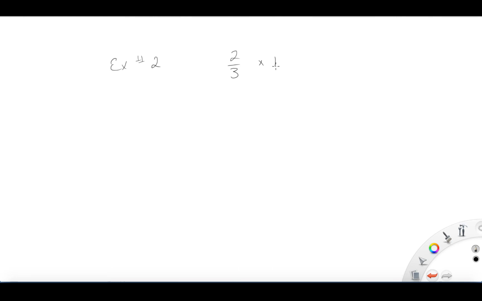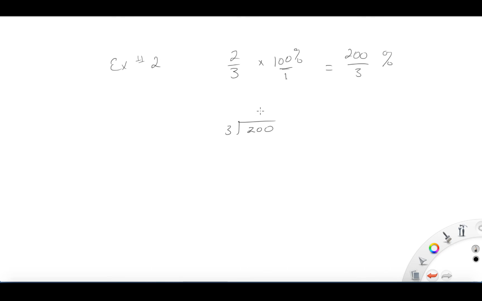If we want to get to a percent, we have to multiply it by 100% over 1, which means that we have 200% over 3. All right, because this 100% is over 1, we multiply straight across. So now we have to divide.